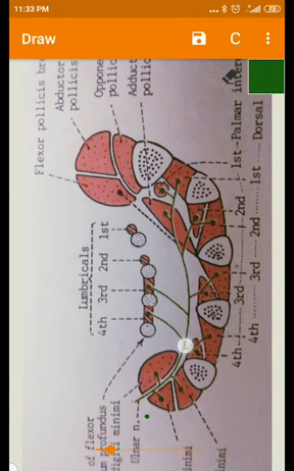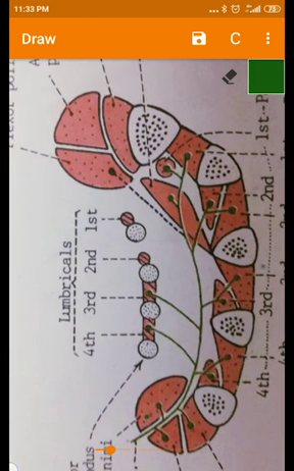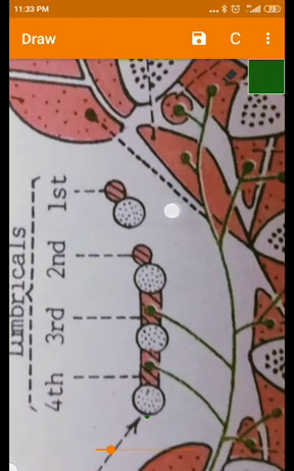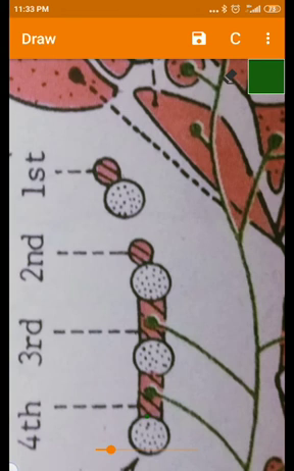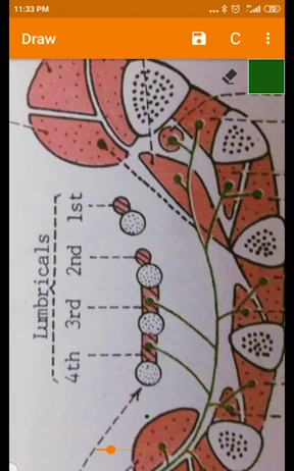Finally it turns laterally. This side is the lateral side, so it runs laterally within the concavity of the deep palmar arch.